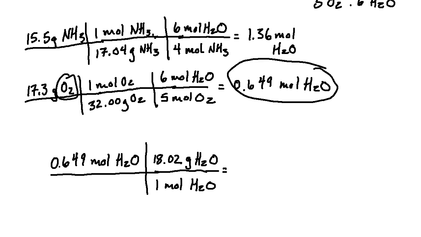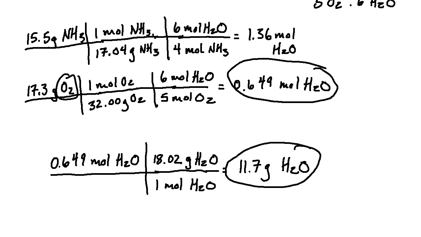And so what would the theoretical yield of water be? Turns out to be 11.7 grams of H2O. This right here is our theoretical yield. So we've determined the limiting reactant was oxygen. The theoretical yield is 11.7 grams of water.